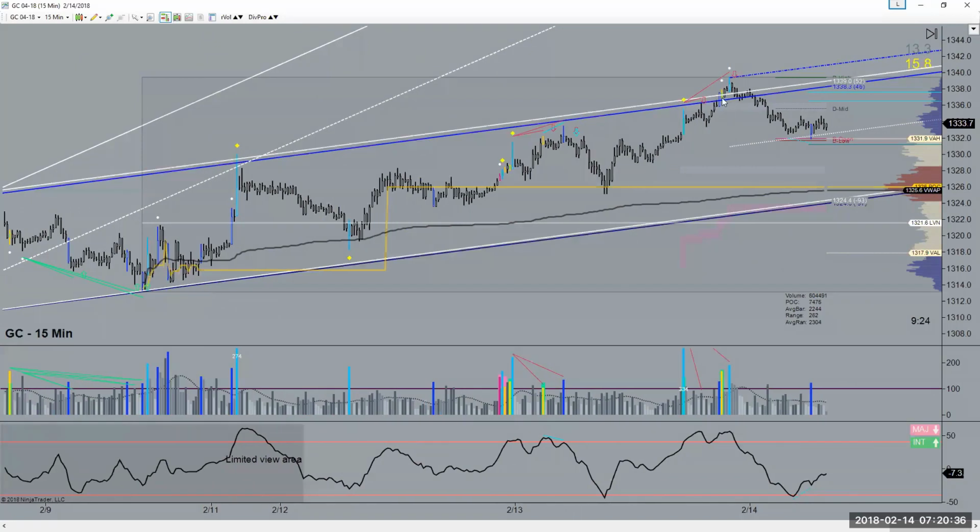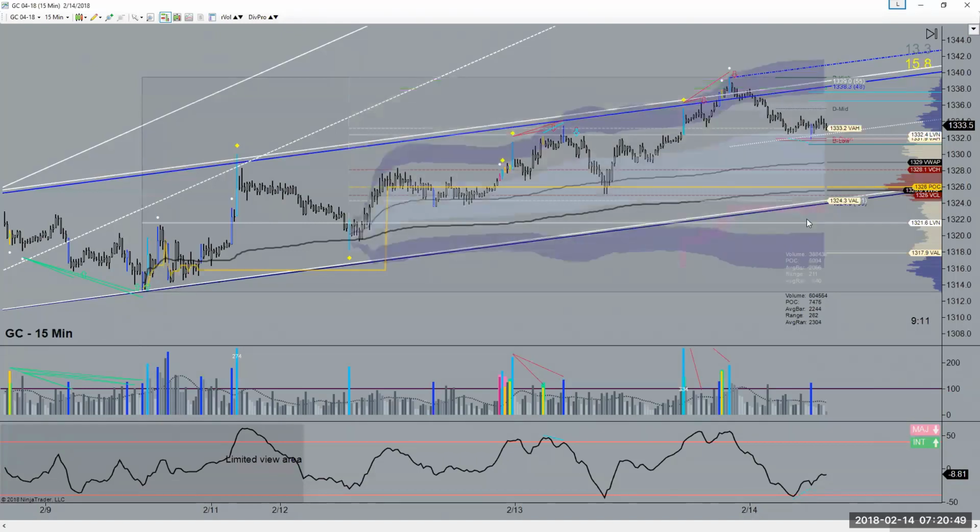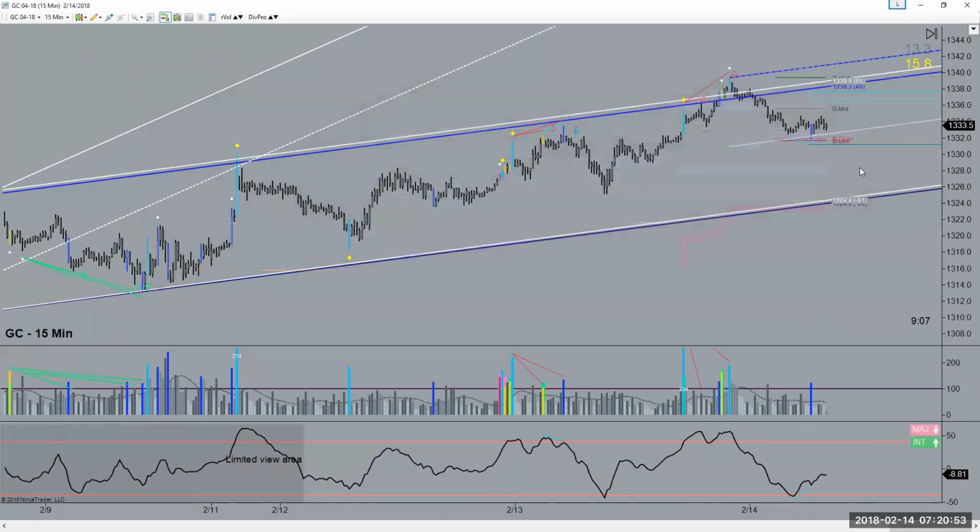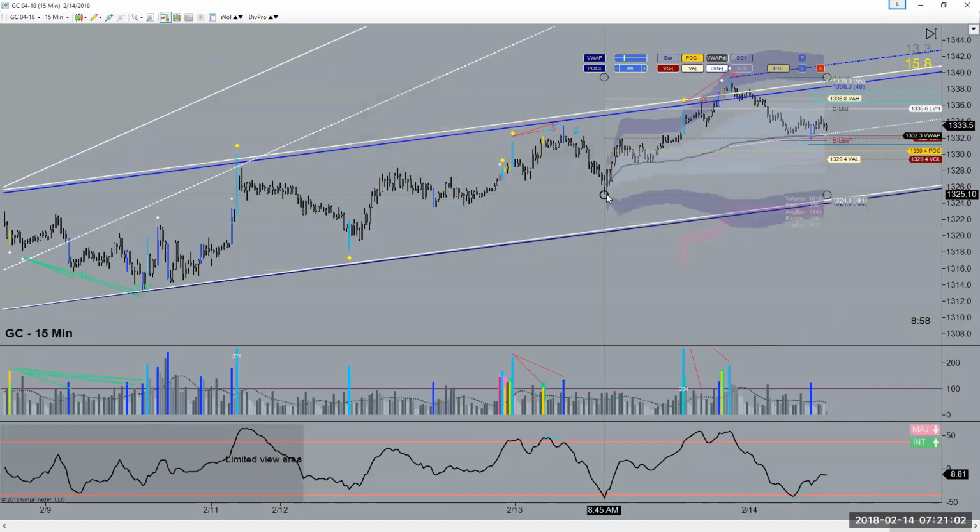We've made it through the top of that and we pulled back to the midline. This is probably the retracement low. It's the VWAP from this low.